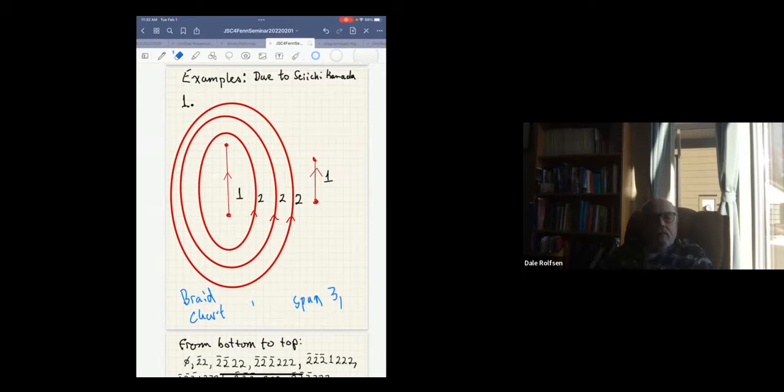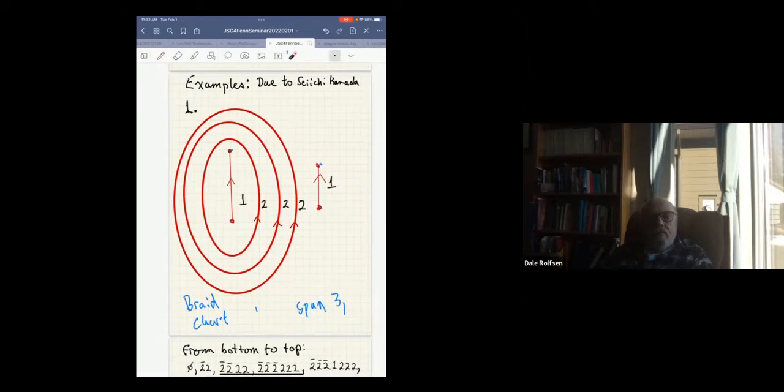And it represents a surface braid that has 4 branch points. There are 4 simple branch points. It has braid index 3 because the indices on these arcs are 1 and 2.